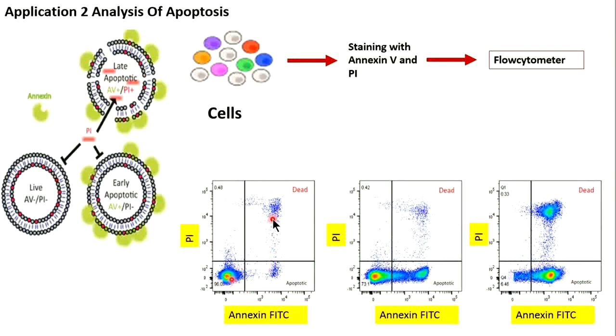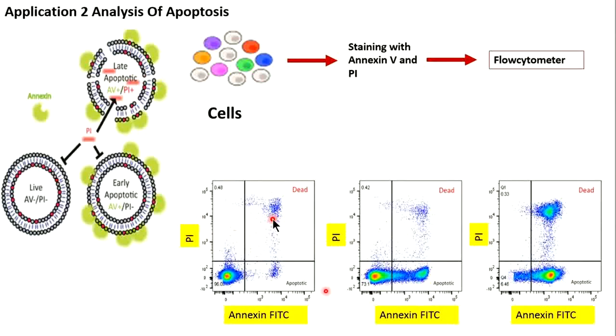So only annexin positive means early apoptosis. Double positive for both annexin and PI means death because of apoptosis. And only positive for PI means dead but not because of apoptosis, so death because of some other mechanism like mechanical pressure, chemical pressure, necrosis or whatever.